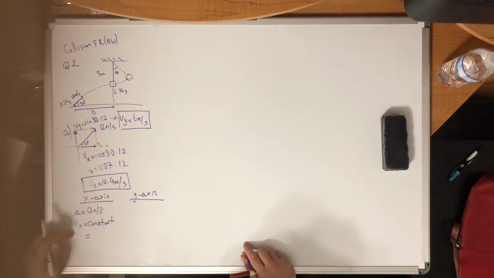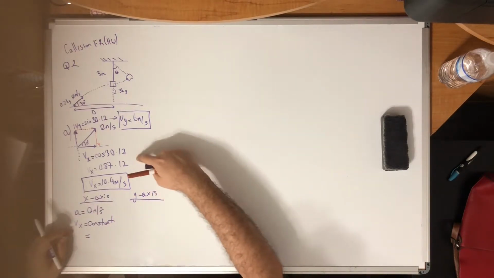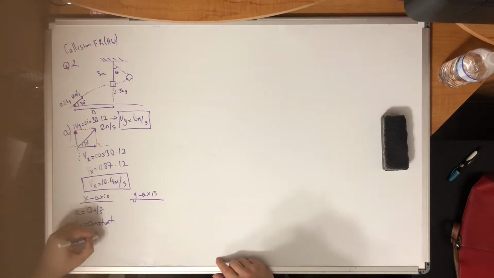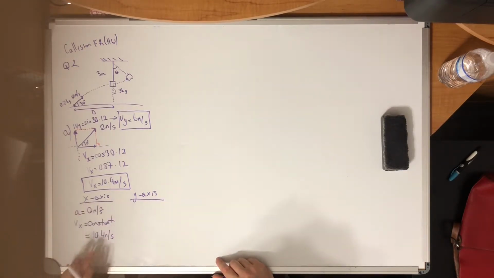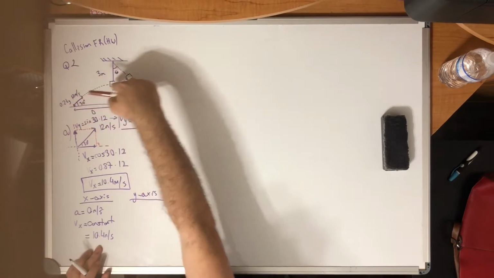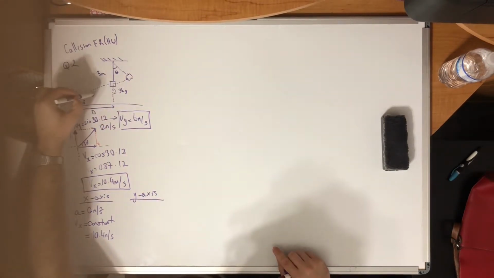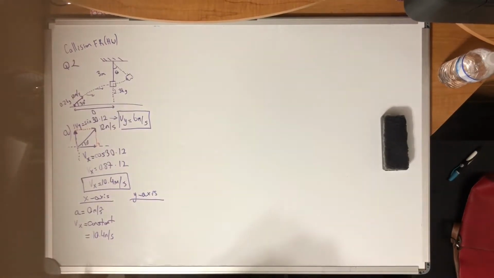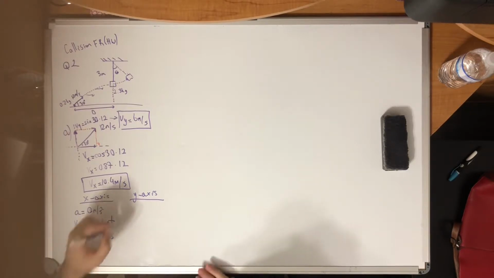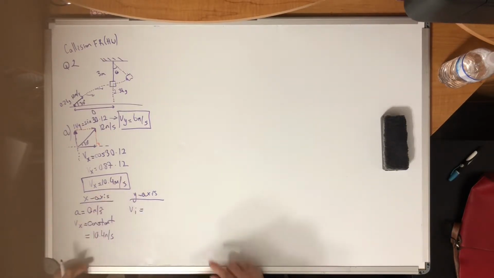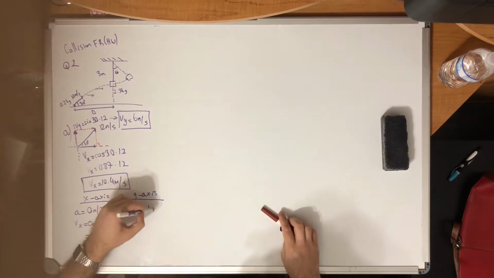This Vx for this question is 10.4 meters per second, and this is the speed at all points on the x-axis, so it's always going to have that same velocity. On the y-axis, my initial speed is 6 meters per second.